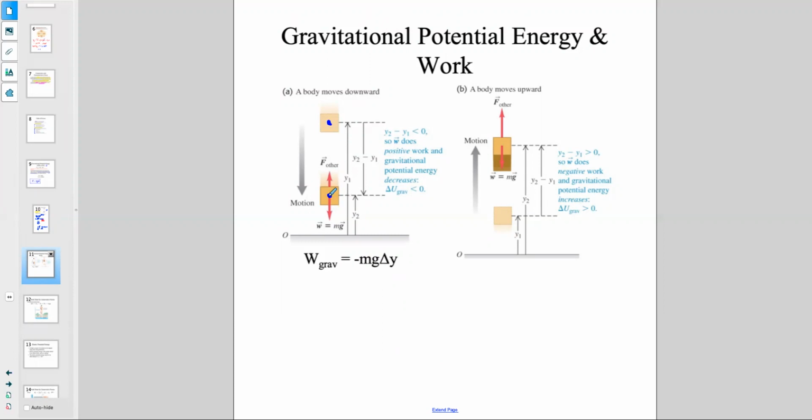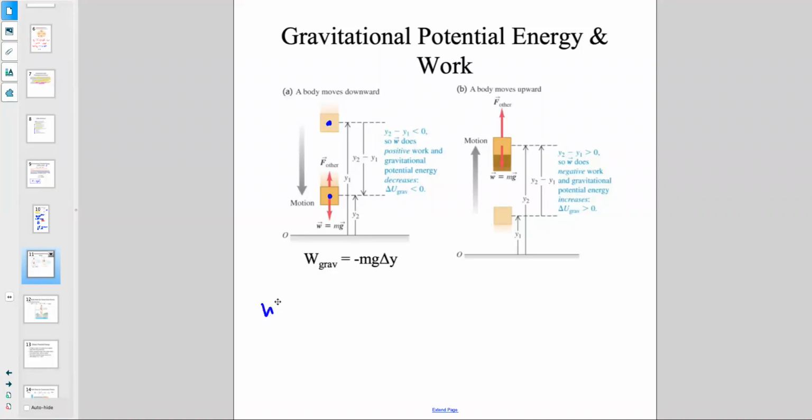So in other words, if I want to write it a little bit better, let me actually get this clear. So this is our initial point. This is our final point.